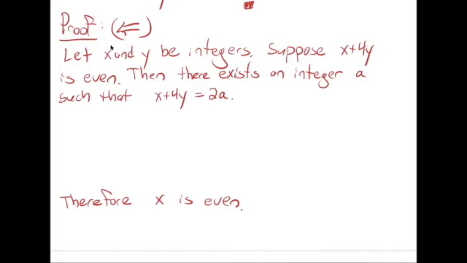Okay, and again, we just want to be really careful that each sentence shouldn't take a whole lot of thought from the reader to move on to the next sentence. So, okay, that's even. Yeah, I see why x plus 4y would therefore have to be 2a. Good, thank you. And then I see Diane had a suggestion about, well, let's now factor the 2 out from 2x plus 4y.